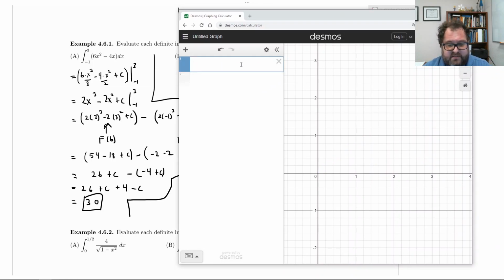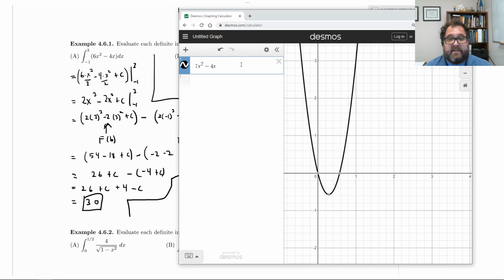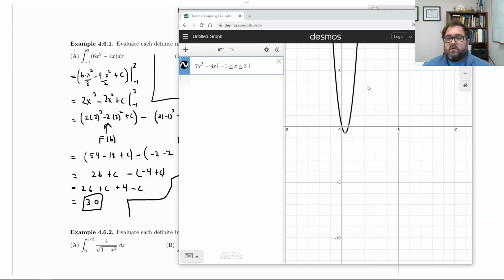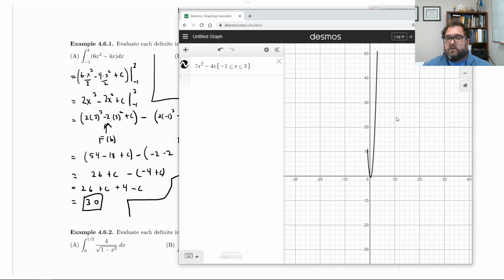By the way, while we're here, let's look at the first one. We had 6x squared minus 4x. Now that's the parabola in general. Our interval of interest was from -1 to 3. Oh, whoa, that goes really high.